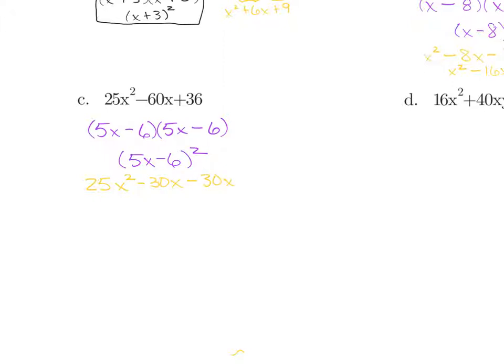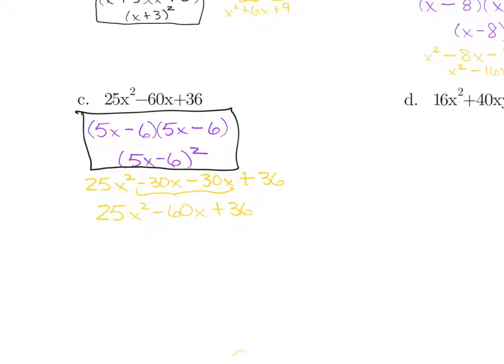Lasts, we get negative 6 times negative 6 is positive 36. When we combine our like terms, we get 25x squared minus 60x plus 36. That checks out, and therefore my correct answer is one of the two here.